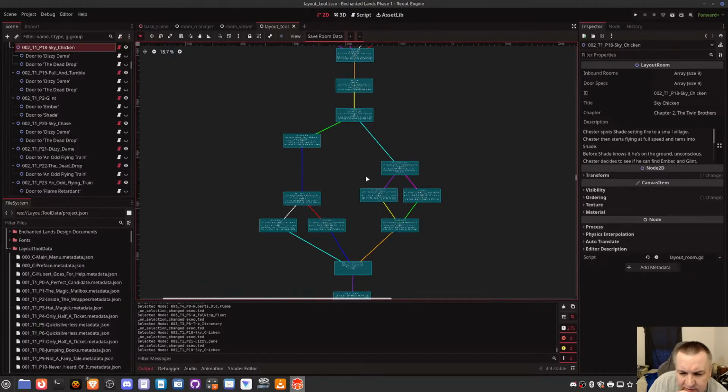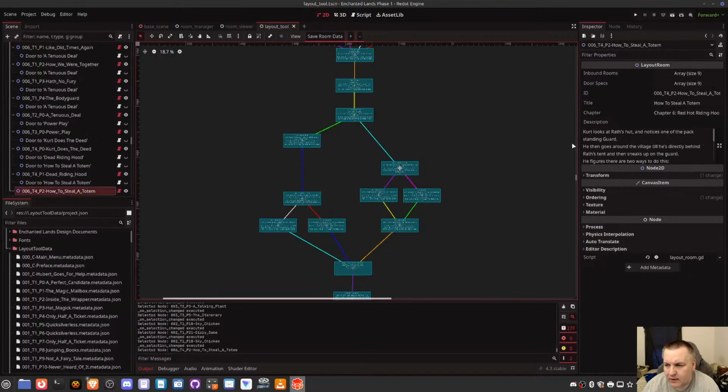Anyways, this is similar, but I only based it off of two choices. That's why that's like that. During the three choices, very interesting. How to steal a totem.